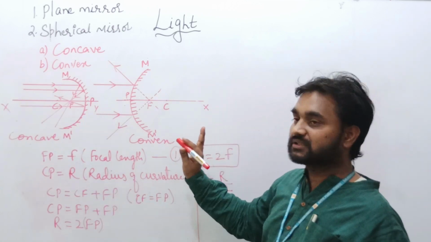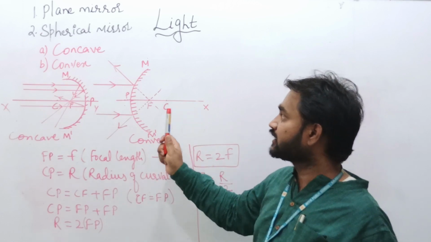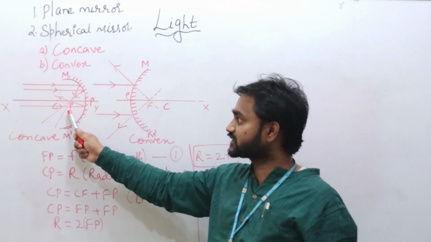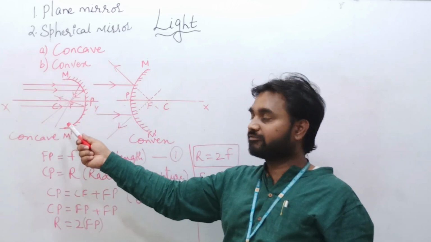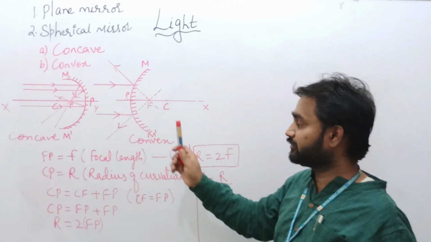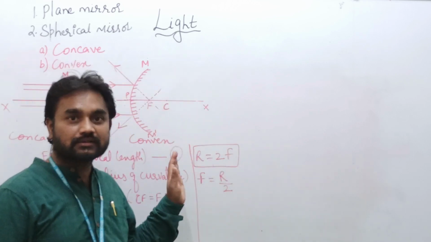I hope you have understood this. These are the terminologies. You can differentiate here: the principal focus is real in the concave mirror and in the convex mirror it is virtual. Why? Because it is forming behind the mirror. Hope you have understood this class.